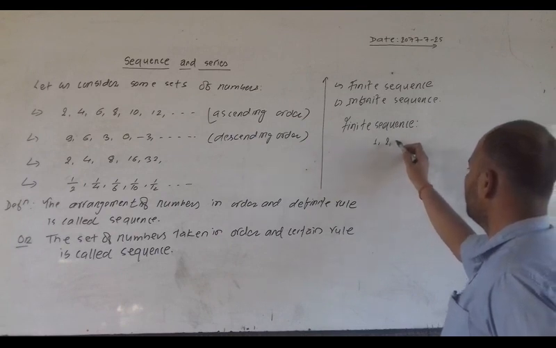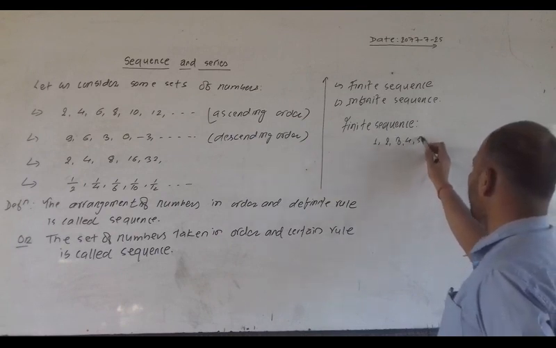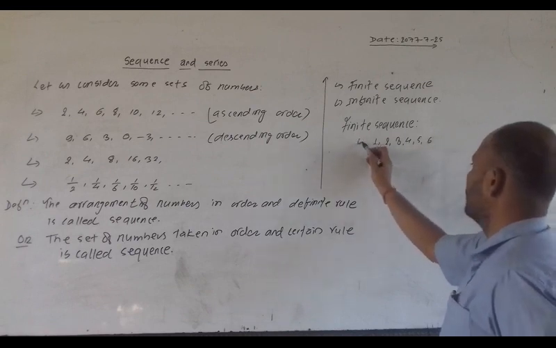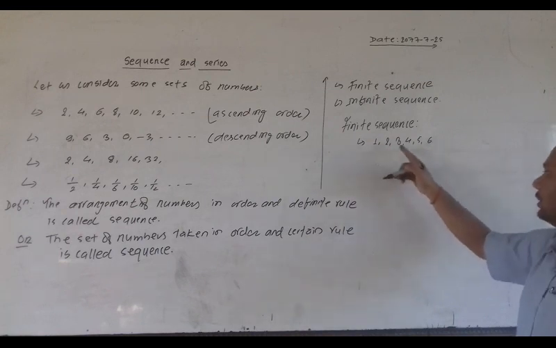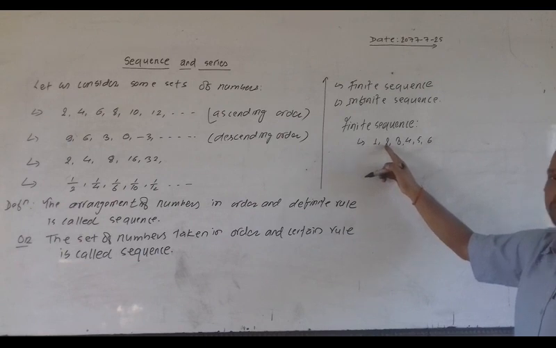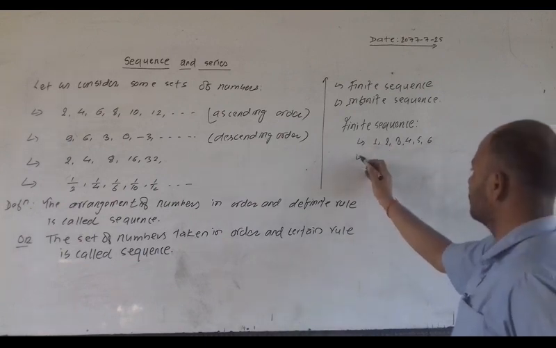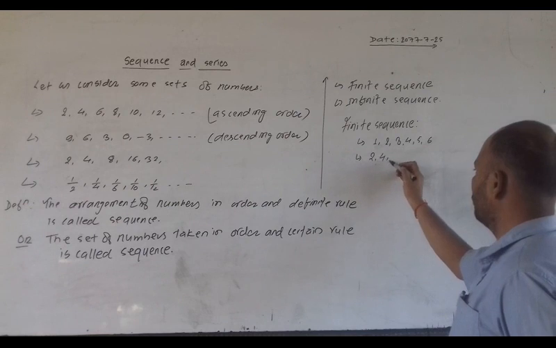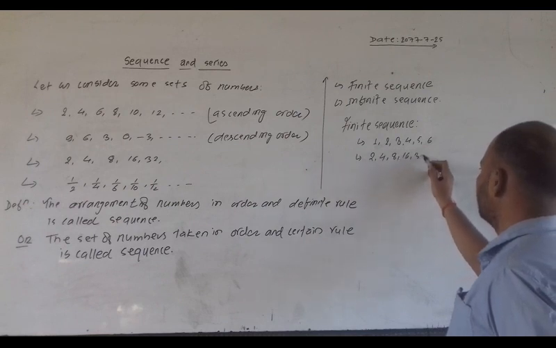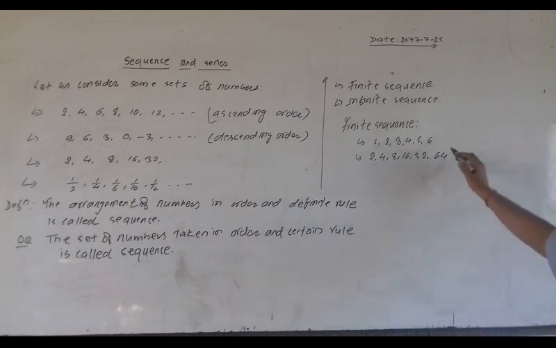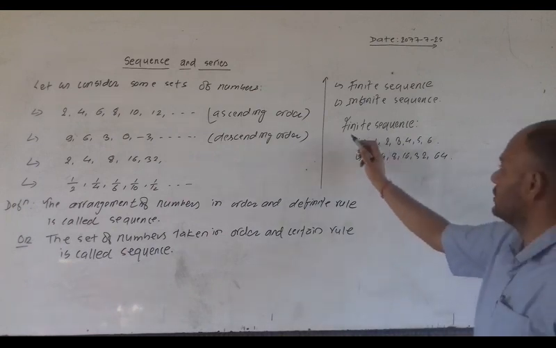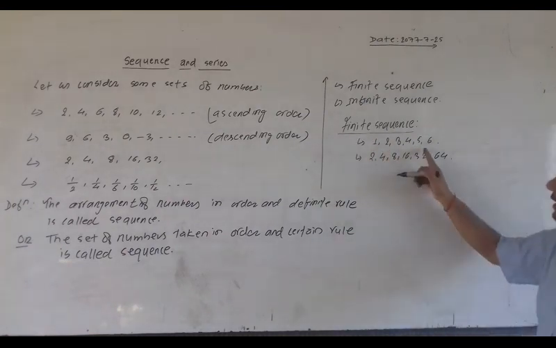1, 2, 3, 4, 5, 6. This is also an example of a sequence because it is arranged in order and also in a rule. Each preceding term is less by 1. And another: 2, 4, 8, 16, 32, 64. My dear friends, these two sequences are finite sequences. Why? Because they have a finite number of terms.